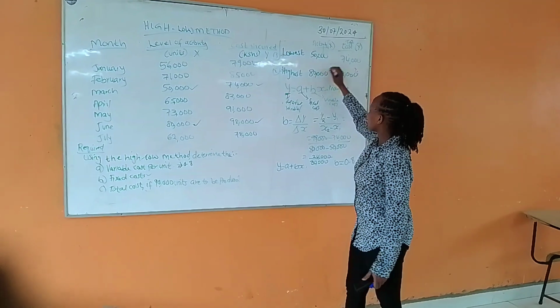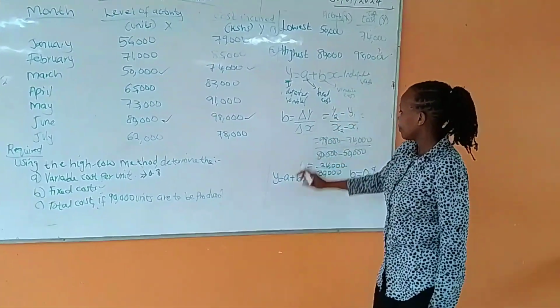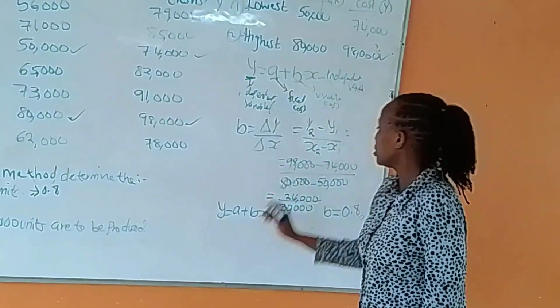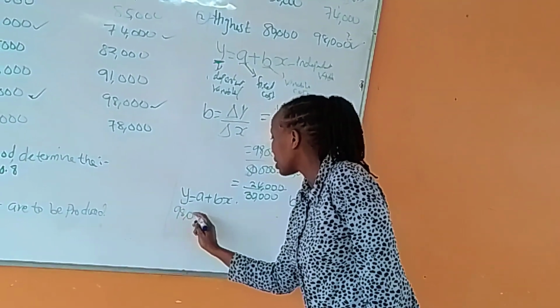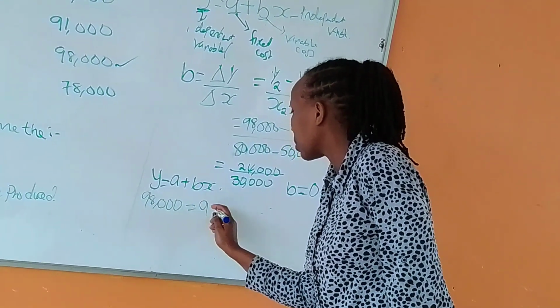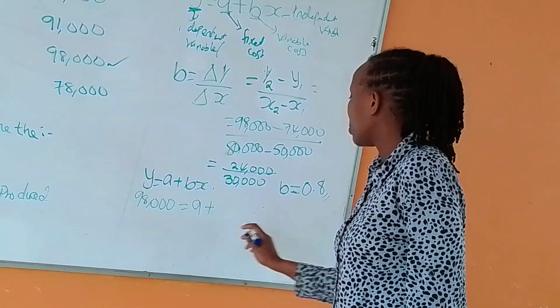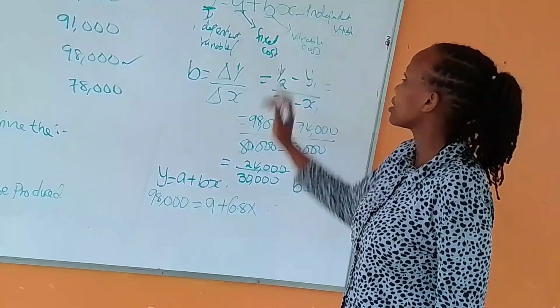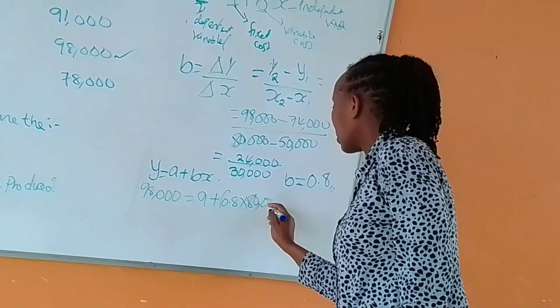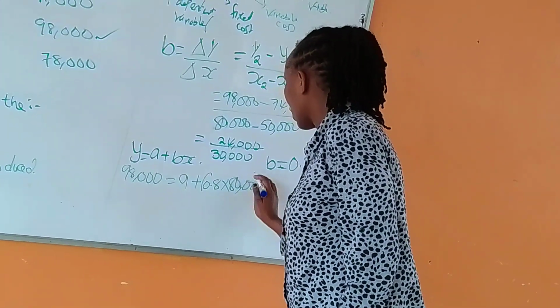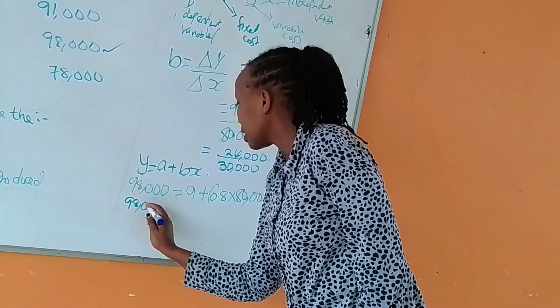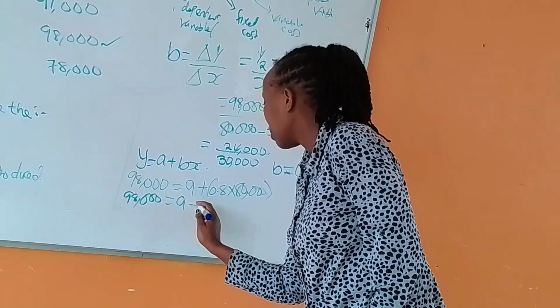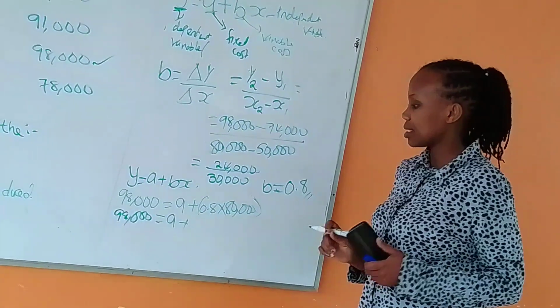You can take the highest, where y was 98,000, equal to a plus the value of b, 0.8, times the value of x, 80,000.